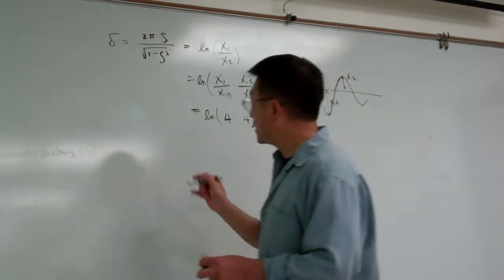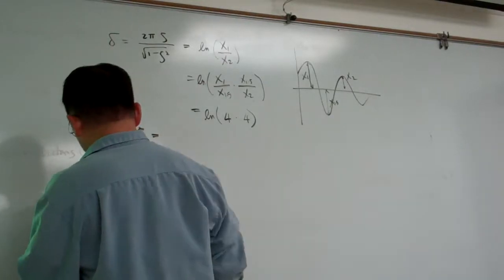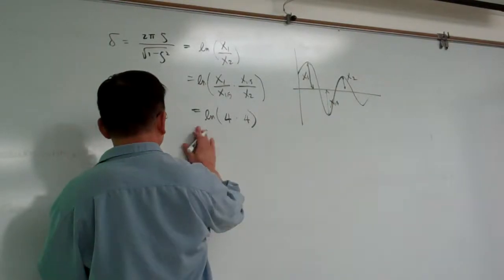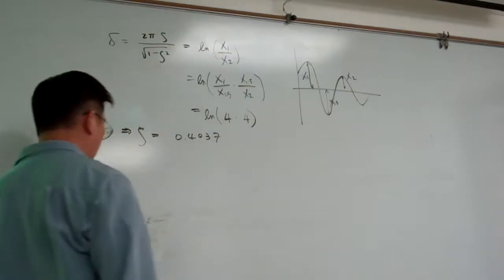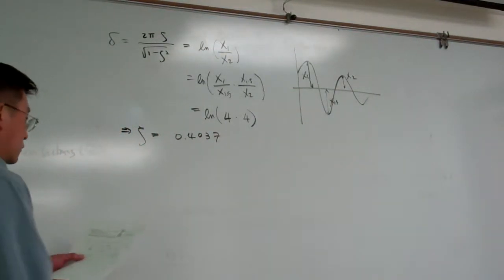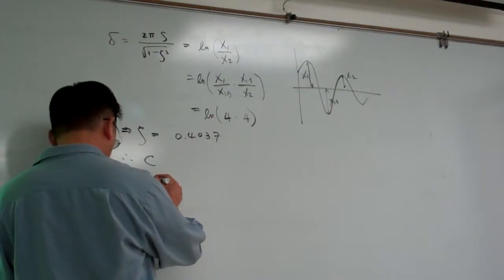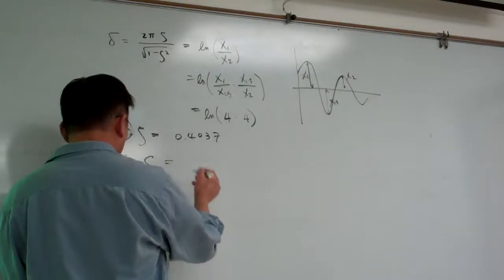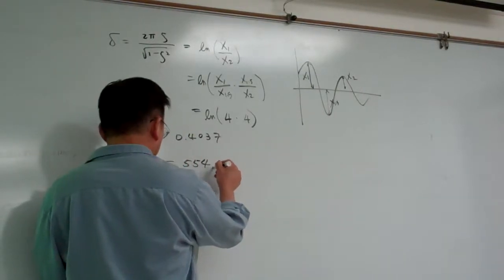So from here, last time we came up with the damping ratio equal to 0.4037. Continuing, we should be able to solve for the damping constant and also the spring constant. Let me copy the result here directly.